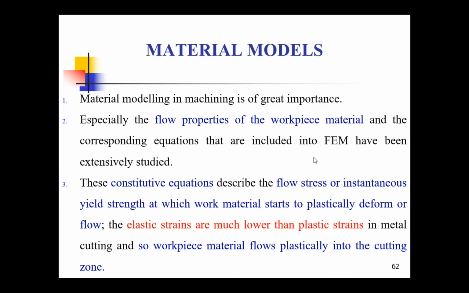Based on this, the material has to deform plastically, and only then will it be removed as chip. There are elastic deformation and plastic deformation. Once the condition of plastic deformation is reached, only then will the material be removed as chip. The elastic strains are much smaller than the plastic strains. So plastically it has to strain and then it has to get out as the chip.